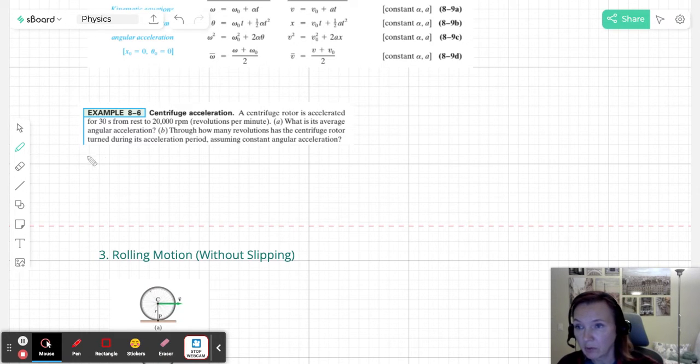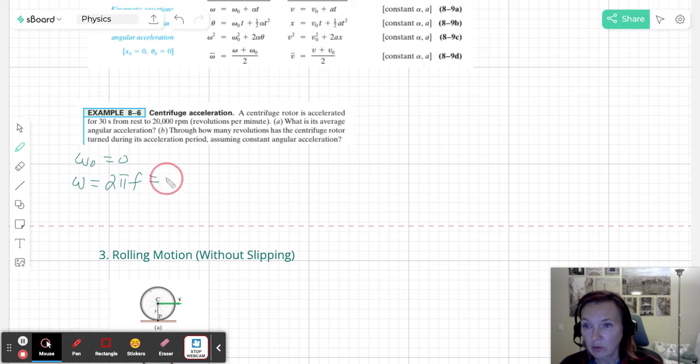First of all, we know that the initial angular velocity has to be equal to 0. Since angular velocity is equal to 2 pi times the frequency from our last lesson, we know it's going to be 2 pi radians per revolution, and the frequency here is 20,000 RPM, that is revolutions per minute.